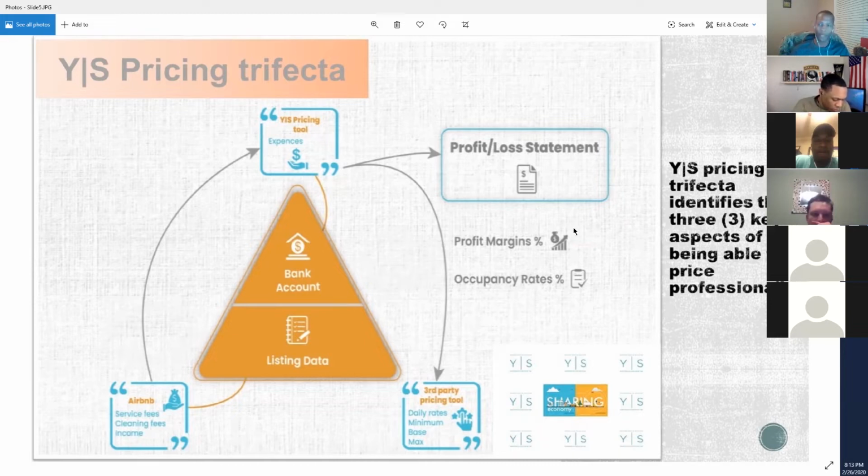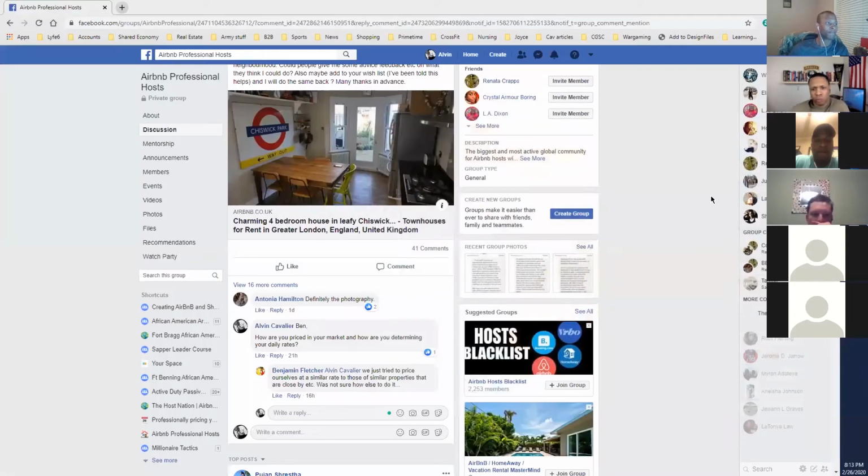So we take your expenses from your account and your data from Airbnb or VRBO, we plug it in and then generate a profit and loss statement for you over time, and then also help you determine how to price your unit.